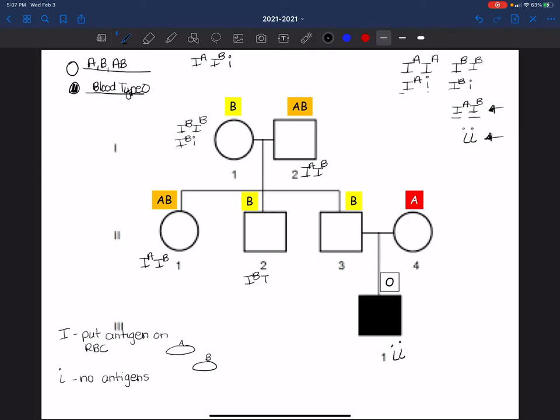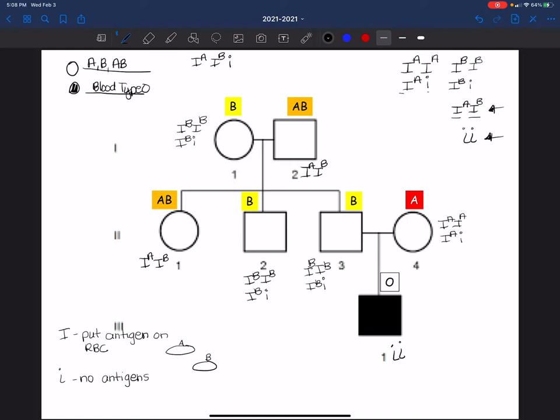They can be homozygous, or they can be heterozygous. And then if we look at person 4, they're either going to be homozygous or heterozygous.